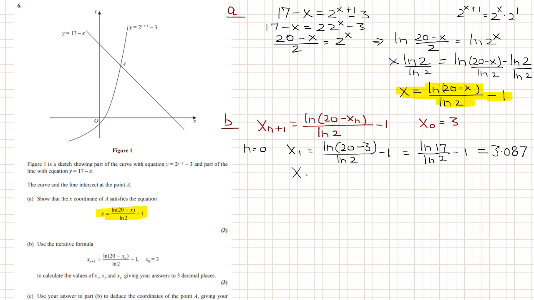So x2 will be ln((20 minus 3.087) over ln 2) minus 1. So if you calculate, you will get it.